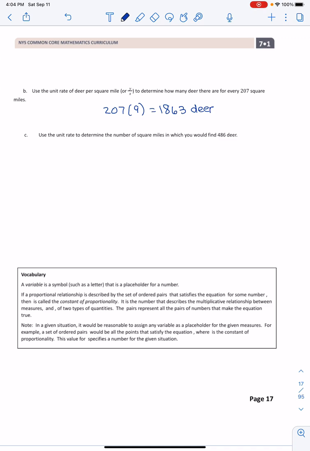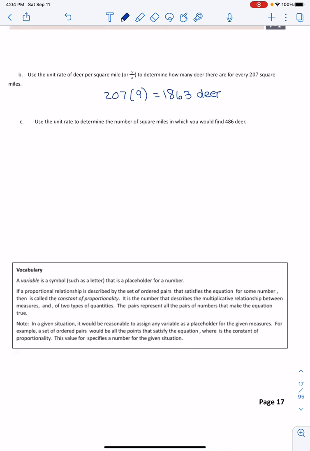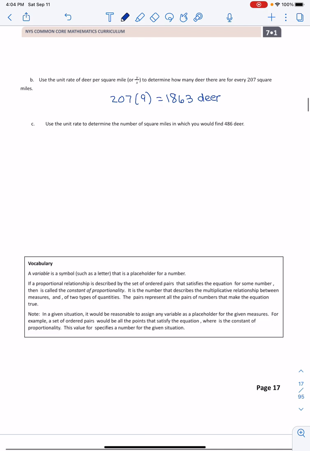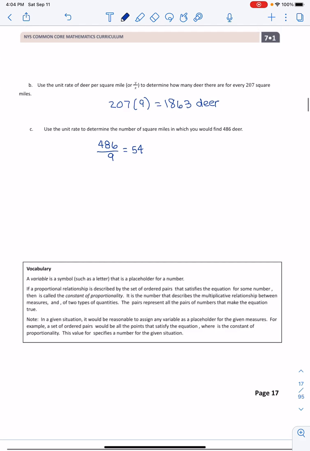So I'm going to take, let me bring that down, I'm going to take 486 deer and divide that by 9. When I do that, I get 54. So that means for that many deer, that's going to cover 54 square miles.